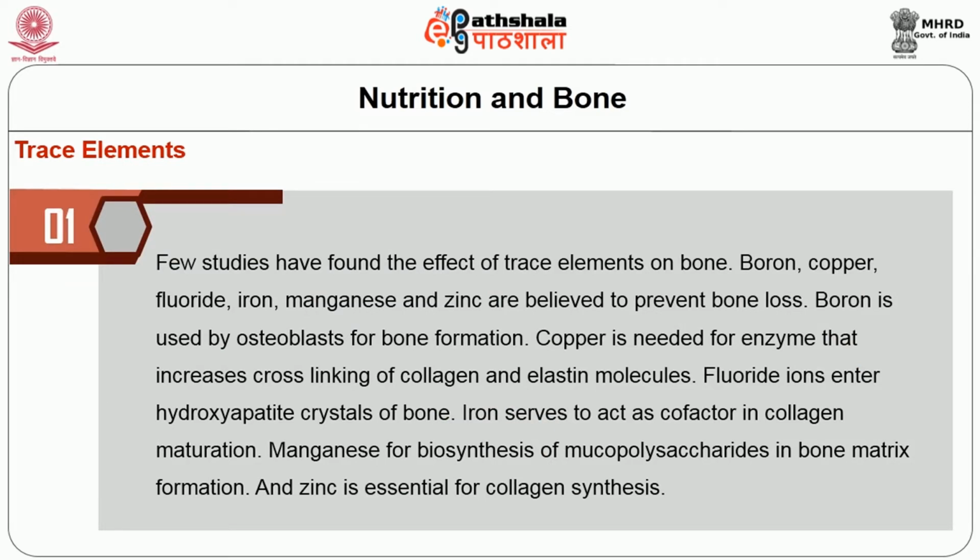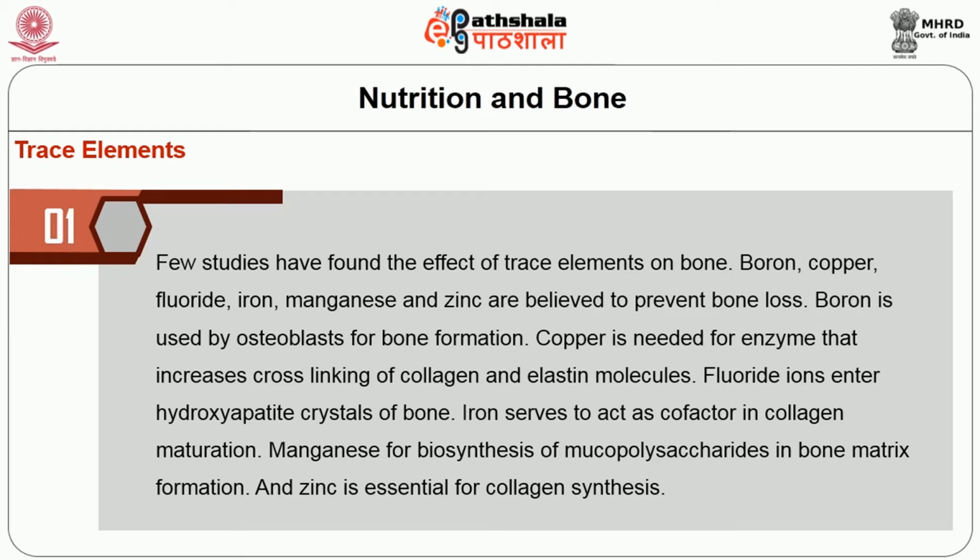To tell about some of the trace elements, a few studies have found effects of trace elements on bone, especially boron, copper, fluoride, iron, manganese and zinc. As you know, boron is used for bone formation by the osteoblast. Copper is required for enzymes that increase the cross-linking of collagen and elastin molecules.